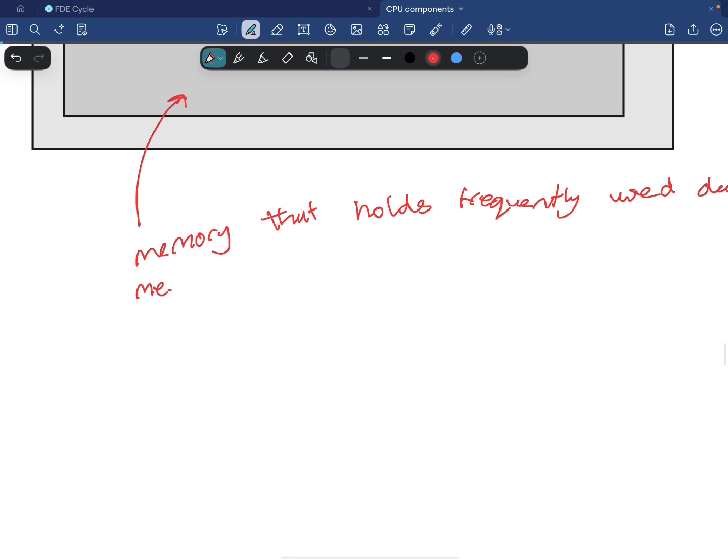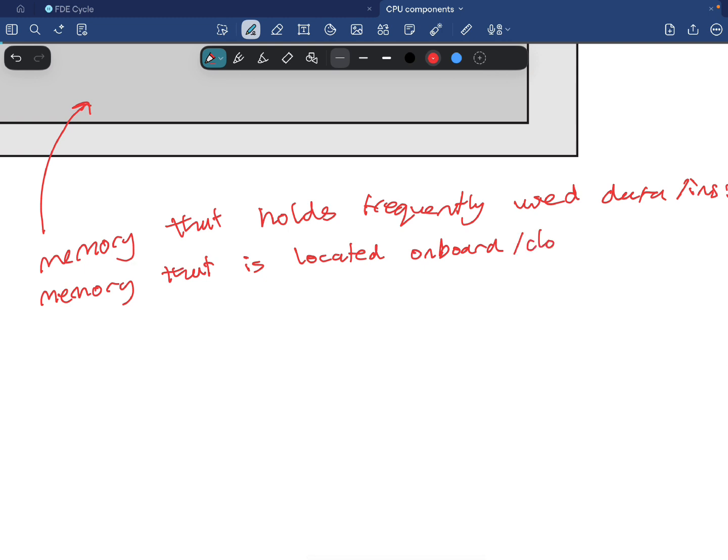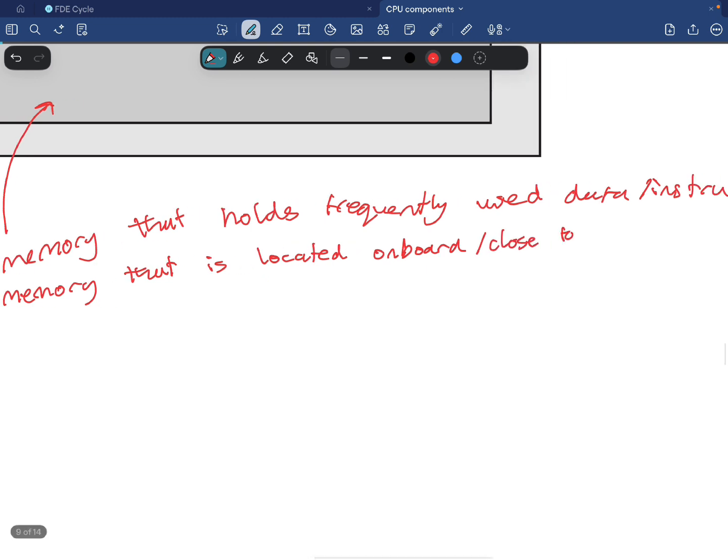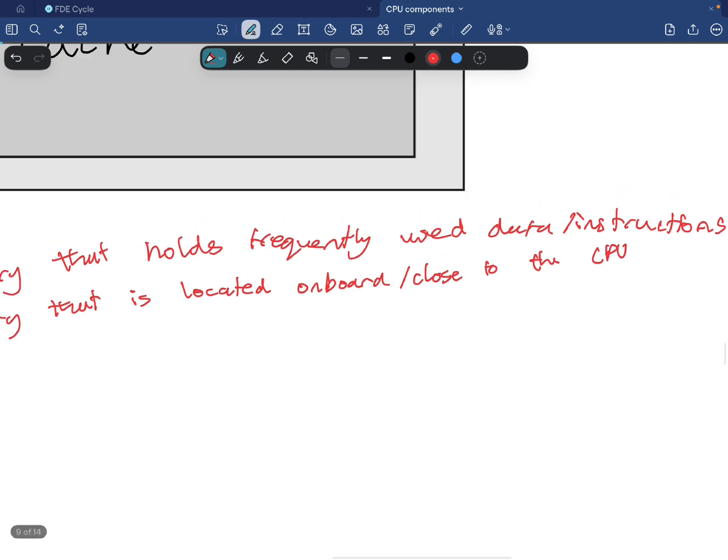We also said that it is memory that is located on board or close to the CPU.